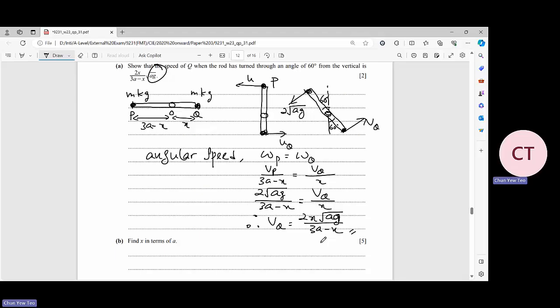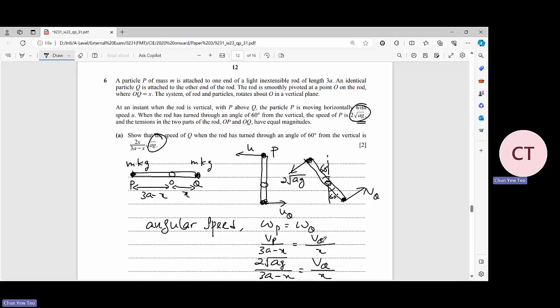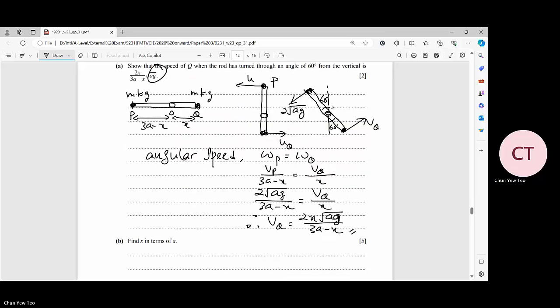We can try to resolve the forces at the point here, because they mentioned that the tensions of the two parts of the rod, OP and OQ, have equal magnitude. That means they both have tension T, and this tension T and that tension T are the same.